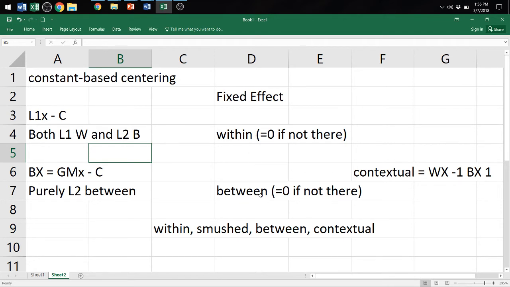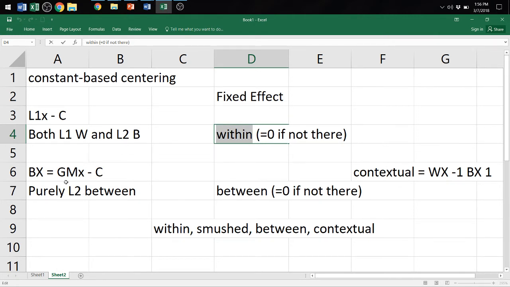So let's do the first part of these things here. This effect of level 1x in the model. So long as I have this between x in there too, is it still within? Yeah, this is a tricky one. So long as this other one's in here, it is. Because you've controlled statistically for the between part by including this variable.